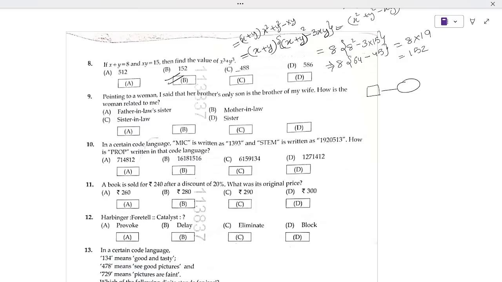Then I said her brother's only son. Her brother, this is the woman, then her brother's only son, that means the son will be male, is the brother of my wife. This equal sign represents spouse. So my wife means I will be the husband, so the wife's brother is here.